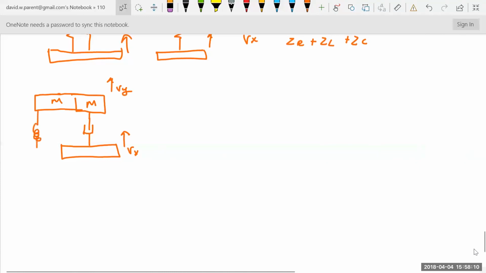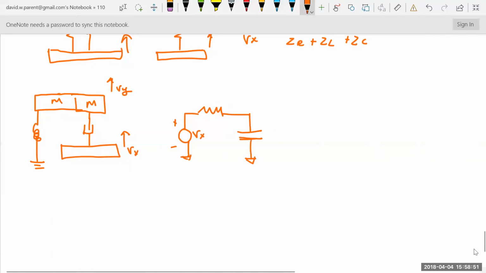But what if the spring is tied to a fixed thing that can't move? That means the velocity of that end of the spring can't move, or it's zero. Well, that's just ground, right? So this picture then becomes, here's my Vx plus minus. I go through a damper. There's my resistor. I connect to a mass. One end of the mass is always measured with respect to ground.